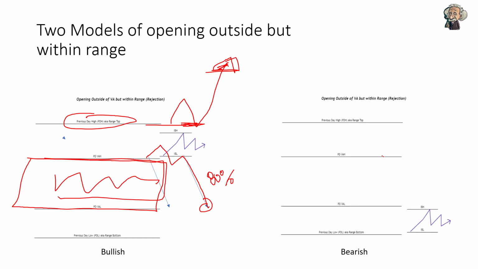And then the same is true for opening at the bottom of this, reclaiming value area high, the 80% rule to the upside is doable. But if you crack below the PDL, then you're looking for a continuation down, because especially if you see that they're not able to crack this PD value area high or low, and they crack inside and they lose it, that's usually a really bearish sign.